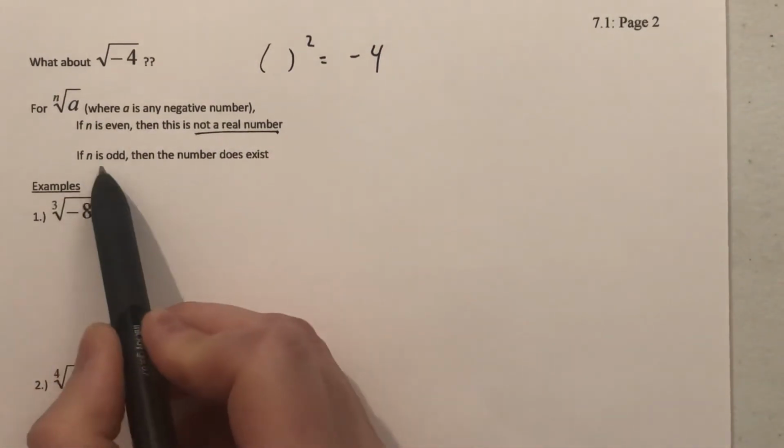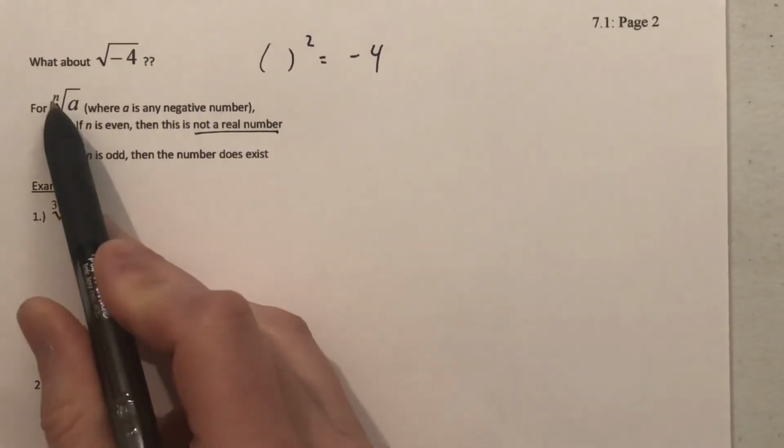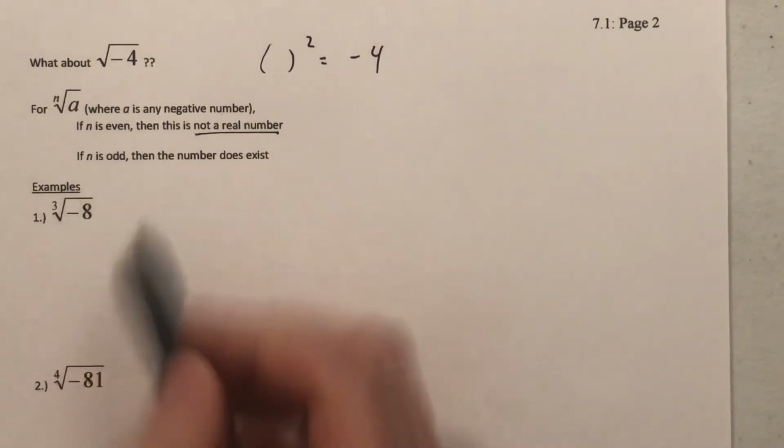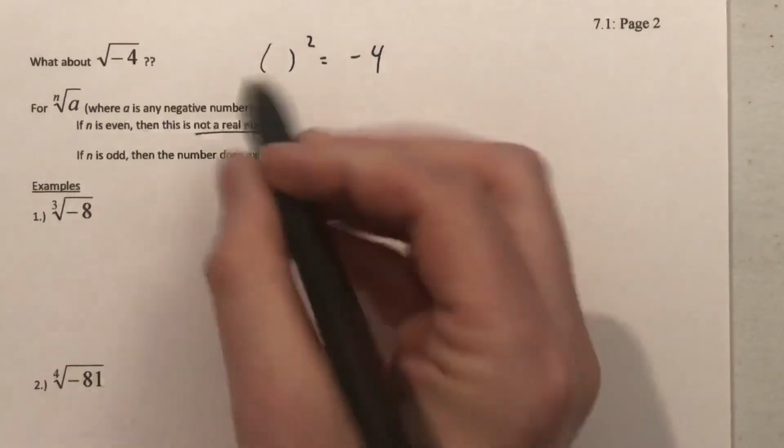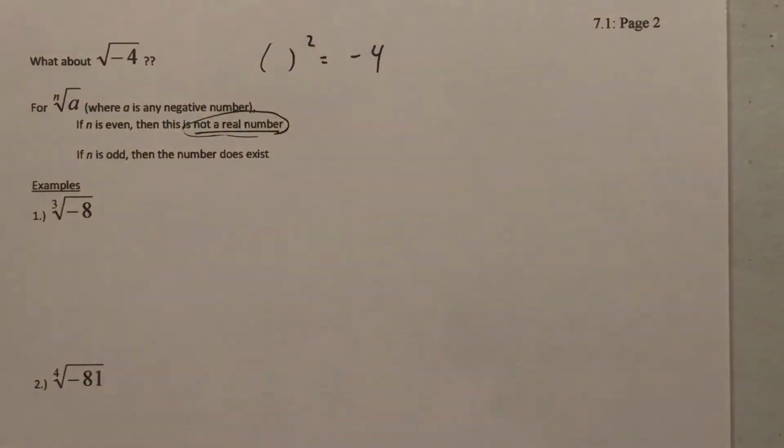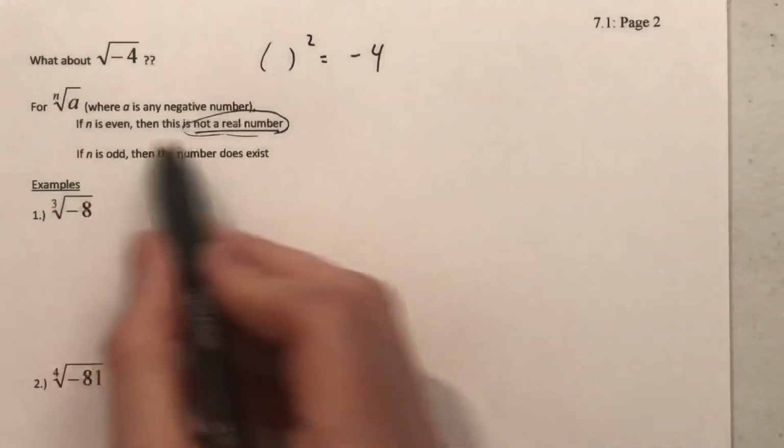Now, odd indices are fine. We can actually work with that. We will elaborate on this, not a real number, eventually in this chapter. That will come after this exam's material, but we will expand on that. For right now, though, this is the idea.